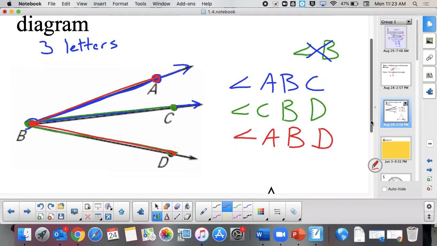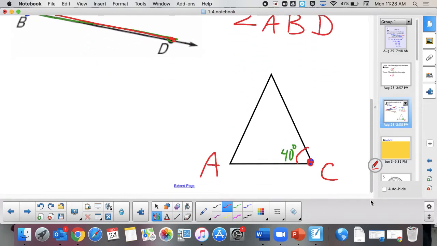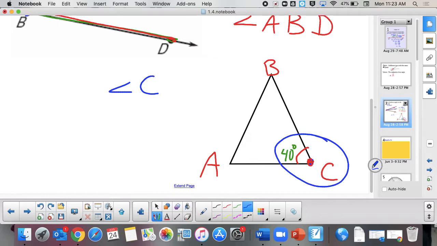If I look at this other triangle I have up here, my triangle ABC, I'm allowed to come down to this angle down here in the right corner, my 40-degree angle that's there. I am allowed to call that angle C if I want, because there is only one angle at that vertex.